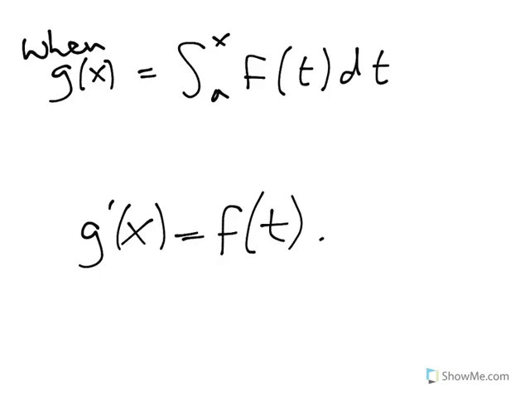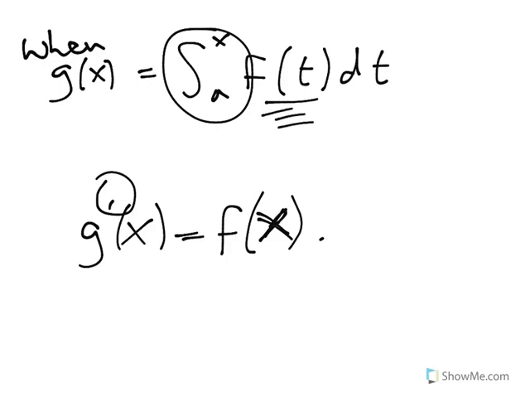Oops, I'm sorry, not f of t, f of x right there. This is exactly what we wanted because it means the derivative and the integral kind of undo each other, and you get the function that you had on the inside.